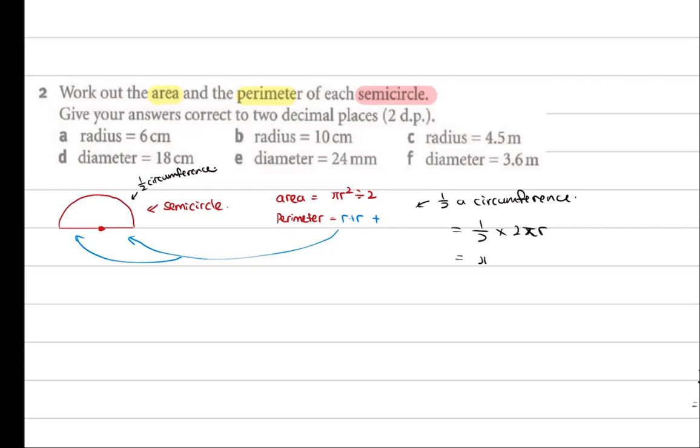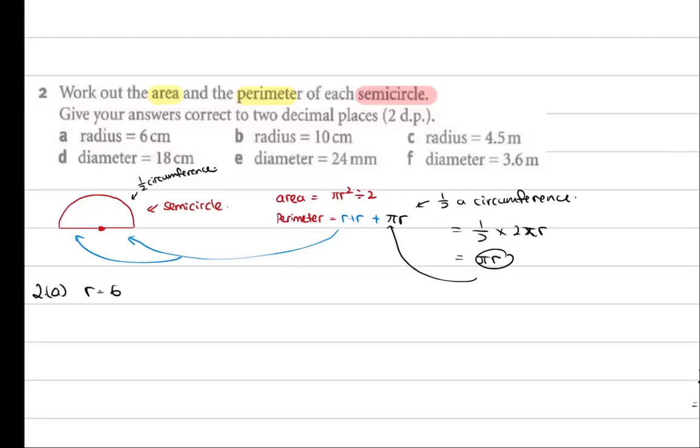So it's actually just pi r. This one I can just plot it in here. So for understanding's sake, perimeter of the semicircle is just 2 radius or 1 diameter plus pi r. Pi r is because it's half a circumference. So let's look at number 2.